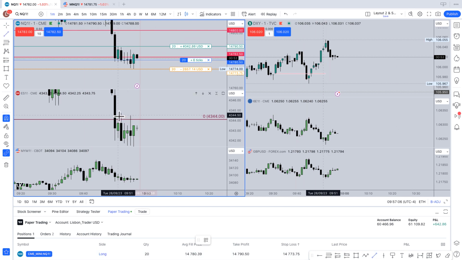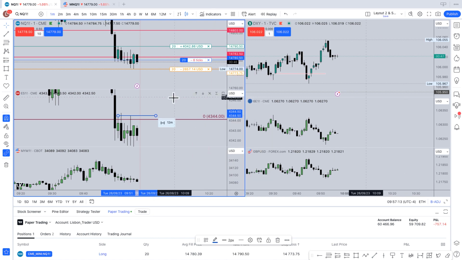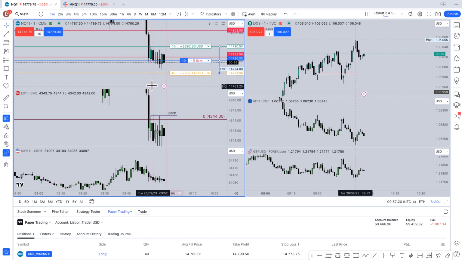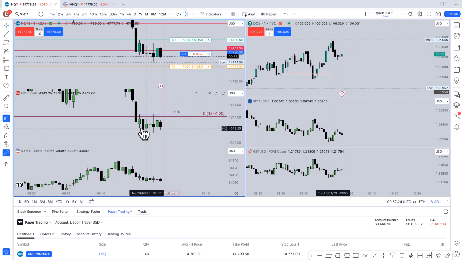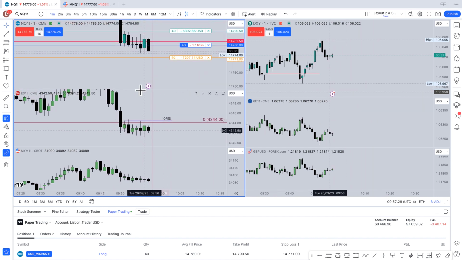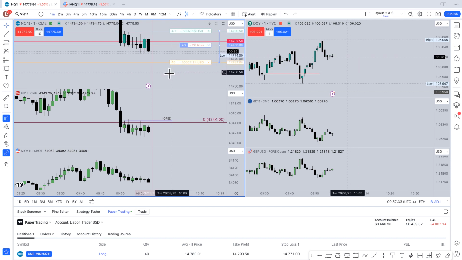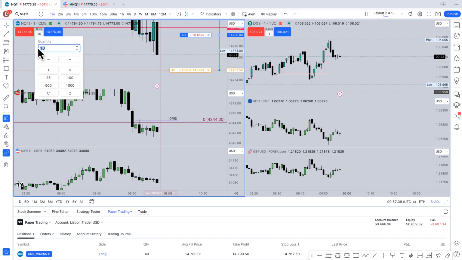What is concerning me is this rounded bottom with the potential SMT divergence. So let's put it to 10k. Let's buy this stop.